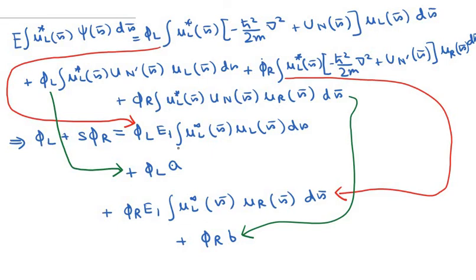So this integral is basically 1 because the orbitals are normalized. This integral is again basically S, the overlap integral that we defined earlier. So let me write this entire equation over here.